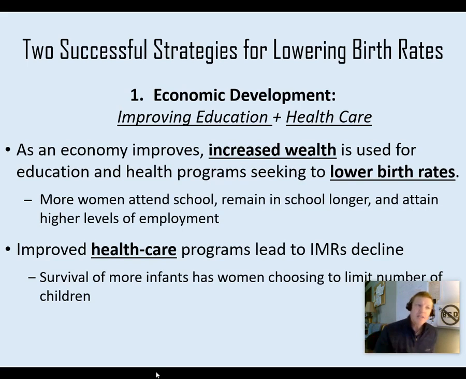So there are 2 successful strategies for lowering birth rates. The first one is going to be economic development. And what I mean by that is, as a state or a country begins to attain higher levels of economic development, more money can then be spent on improving education and improving healthcare.